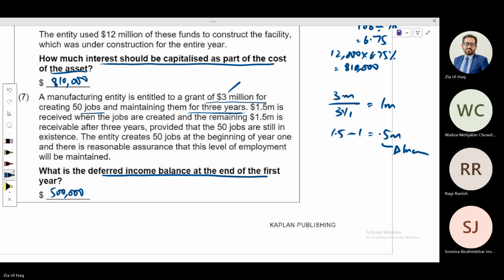This means out of this 3 million, what is 1 year income? 1 million, because 3 million is for 3 years. So every year income should be 1 million.